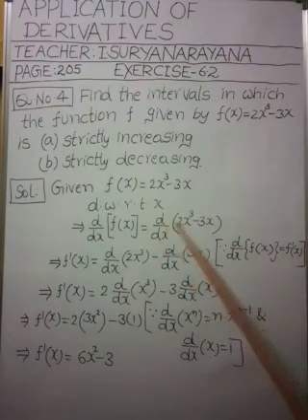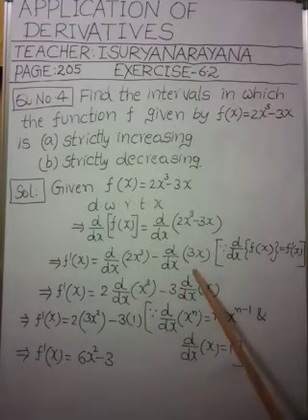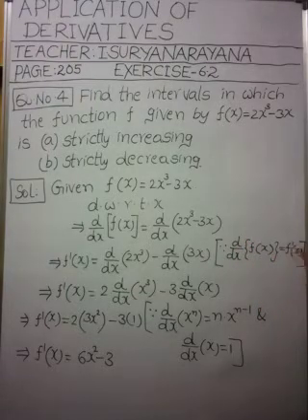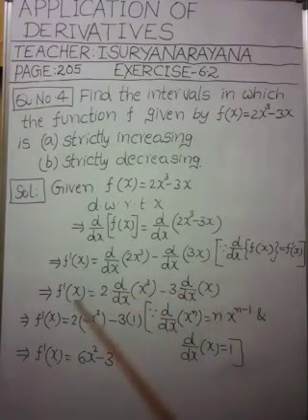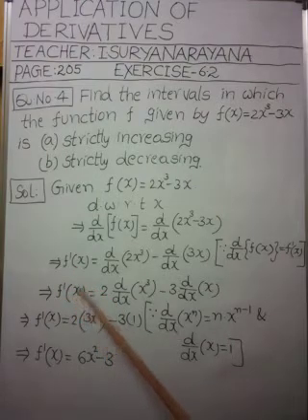So d by dx of 2x cube minus d by dx of 3x. Understood this step? Because d by dx of f of x is equal to f dash of x, by using this result we wrote this step. Right. This implies I wrote LHS as it is, that is f dash of x is equal to.